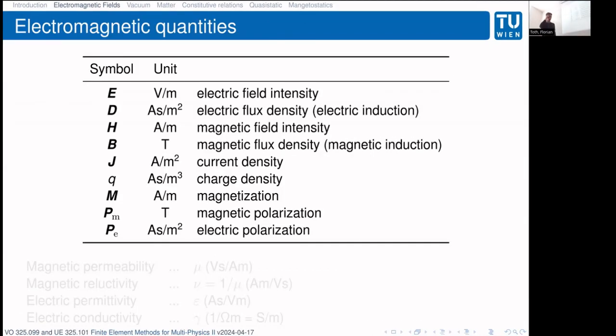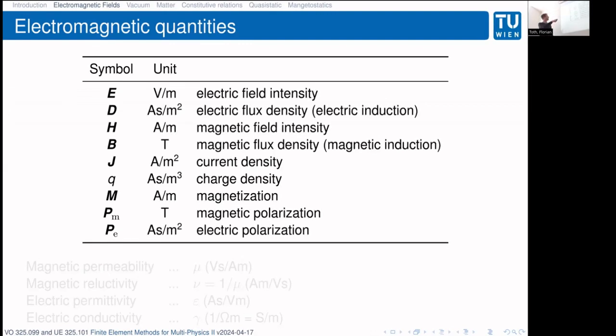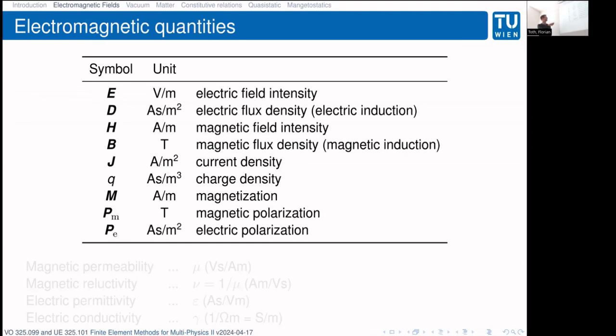What quantities do we have in electromagnetics? These are the ingredients, so to say, the unknowns in Maxwell equations. We have electric fields, the electric field intensity. We have the dielectric flux density, the magnetic field intensity, the magnetic flux density, a current density, of course. We can have charge densities in our media.